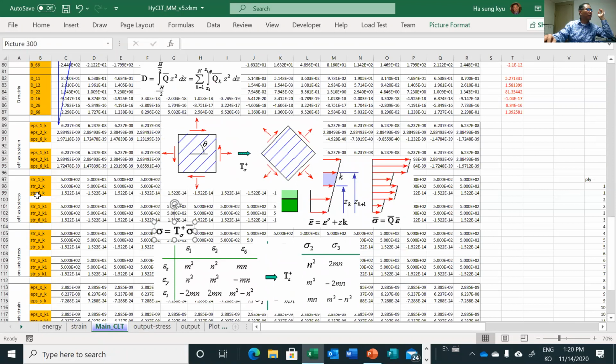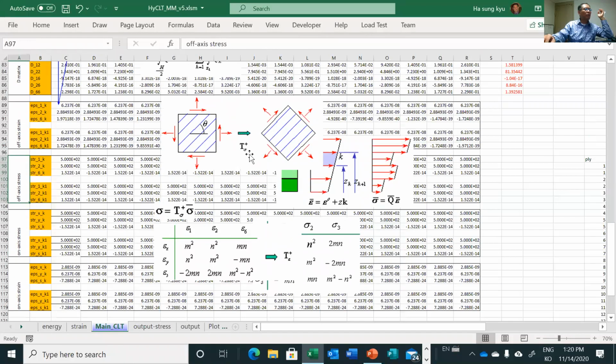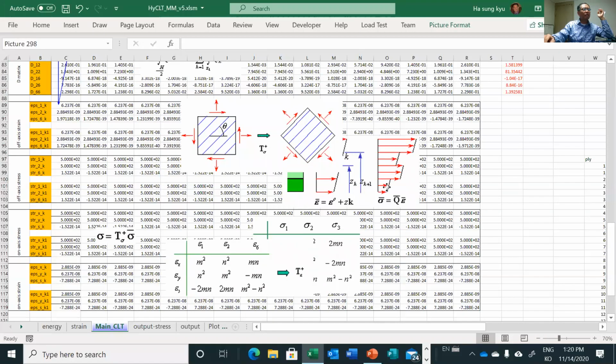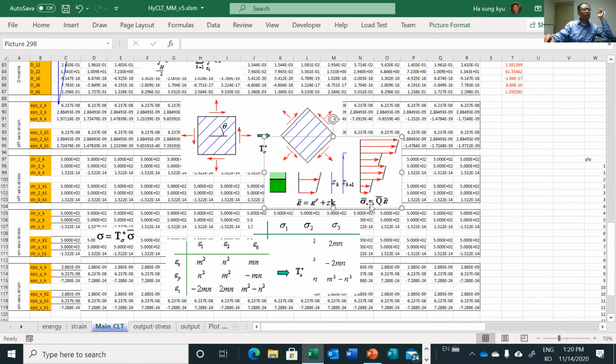Here, one thing to calculate, how about the stresses? Well, once we have the strains in this off-axis, all you need to do is just multiply. As you can see here, epsilon bar is the off-axis strain, and we know the off-axis stiffness Q bar, and then we get the sigma bar, the off-axis stress.